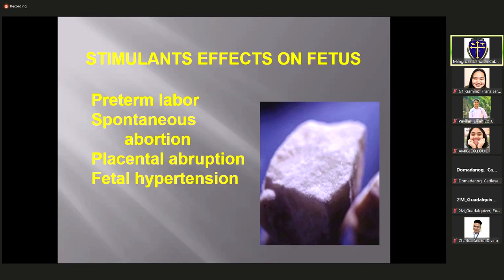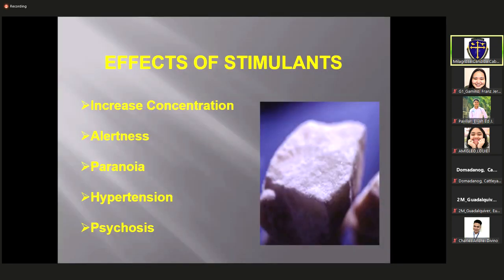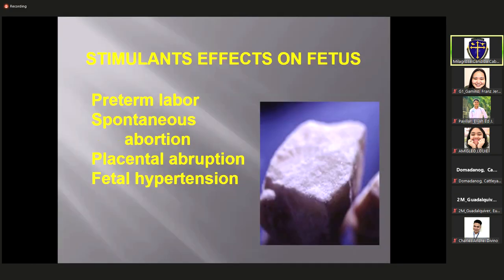Remember, when we stimulate the person, when there is alertness, or when there is hypertension, that would really mean that the blood vessels all throughout the body of a particular person are vasoconstricted.